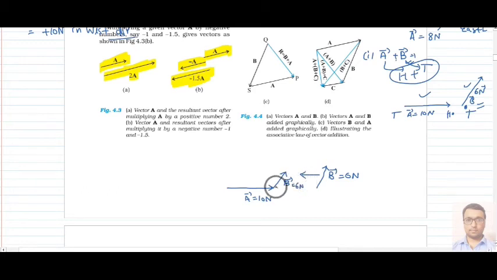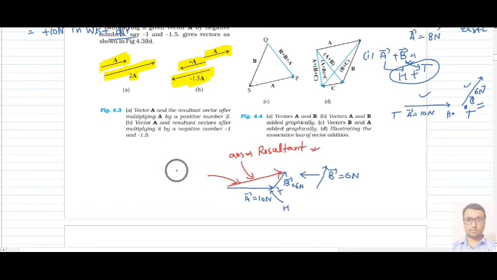The tail of B and head of A are coinciding. So the resultant will be shown by this line, the tail of the first vector and head of the other vector. This is our answer, or you can say this is our resultant of A and B.